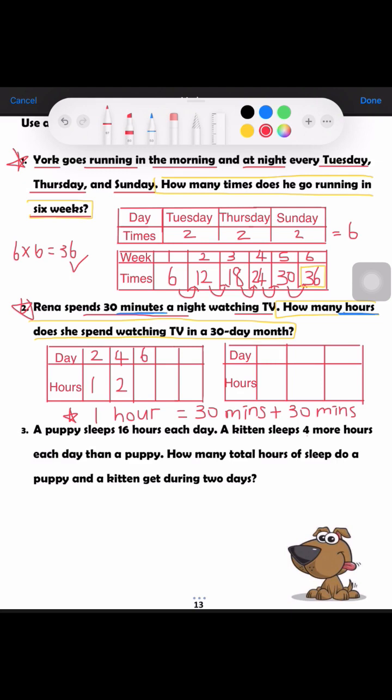And she spent 3 hours in 6 days. So how about in 8 days? Yes, 4 hours. How about in 10 days? Yes, she spent 5 hours. And then we try to use the second table to find the number of hours she spent watching TV in 30 days.